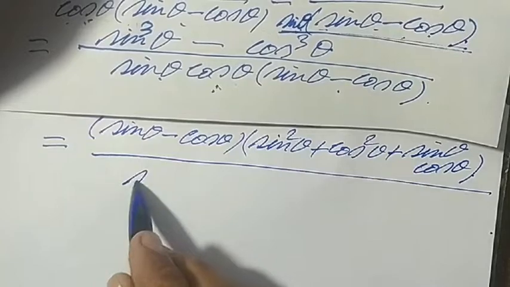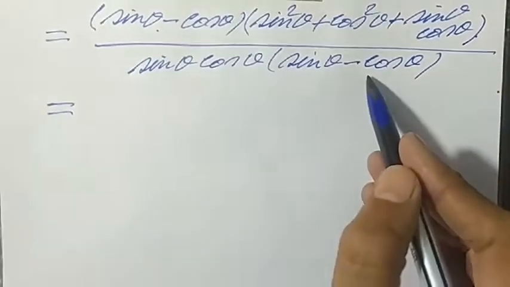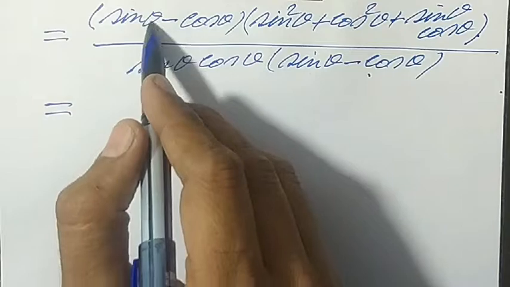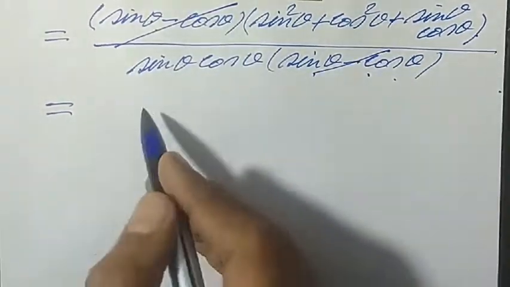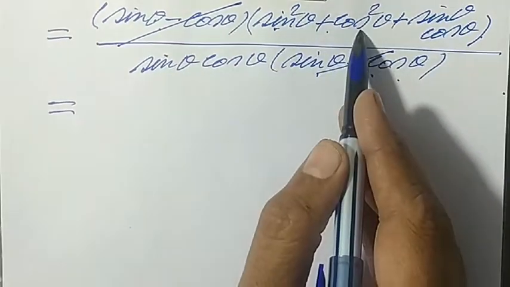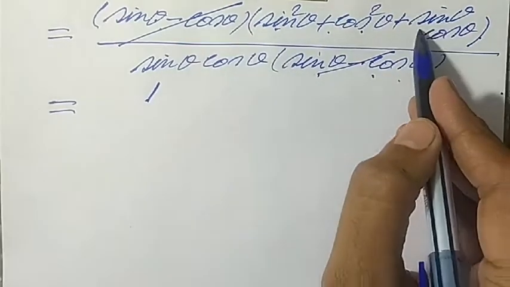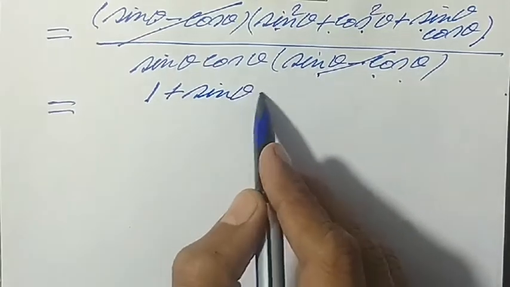So in the denominator we have this bracket identical to this bracket, and these are in the numerator and denominator, so we may cancel them, and in the bracket we get sine square theta plus cos square theta, which is equal to 1, and the next term is sine theta into cos theta, written as it is.